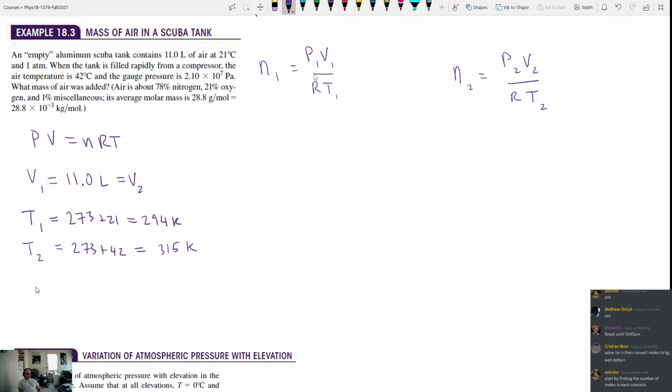And then the other thing we need is pressure. Okay, so the initial pressure was 1 atmosphere. And then for P2, it says that the gauge pressure is 2.1 times 10 to the 7 pascals. So if we want to get the actual pressure, what do we need to do with this? We have to add something, right?